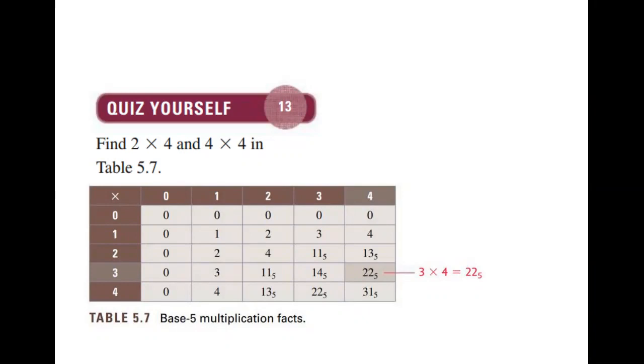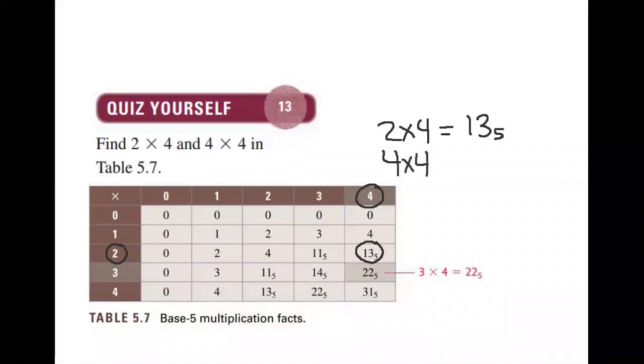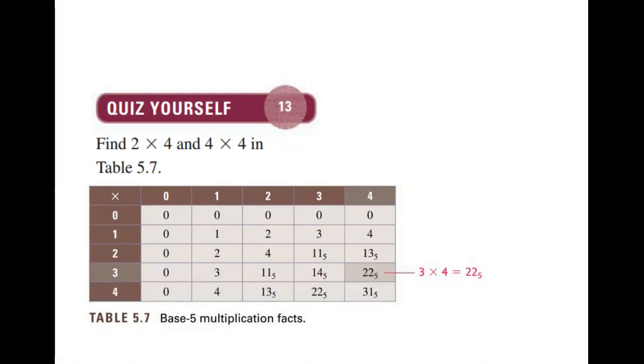So we find the 2 in the row, the 4 in the column, and find that 2 times 4 is 13. Here we're looking at a base 5 number, right? And 4 times 4, find your 4 in a row and your 4 in a column. And now we have a 31 base 5. Remember to put the little subscript on so that you know it's not a base 10 number.